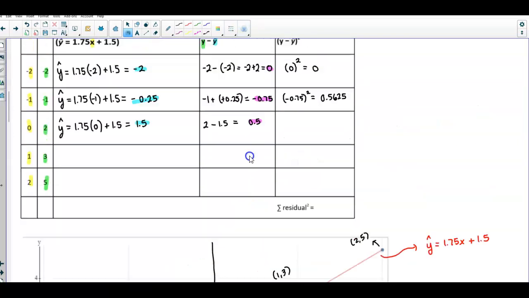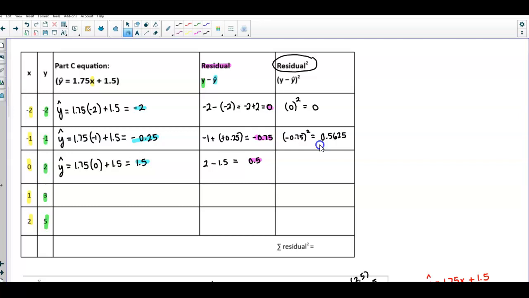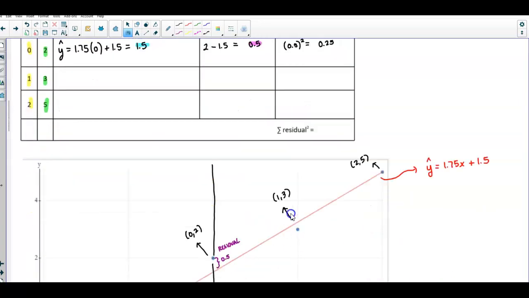So now we're going to take this 0.5 and square it. So we got 0.5, and 0.5 squared is 0.25. Okay, now let's go ahead and do the next 2 points. We got 1, 3, and then 2, 5. Now again, here's the point 1, 3.